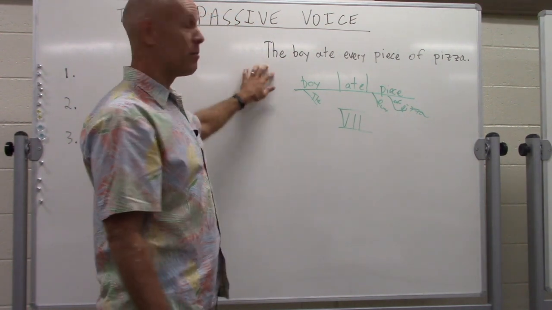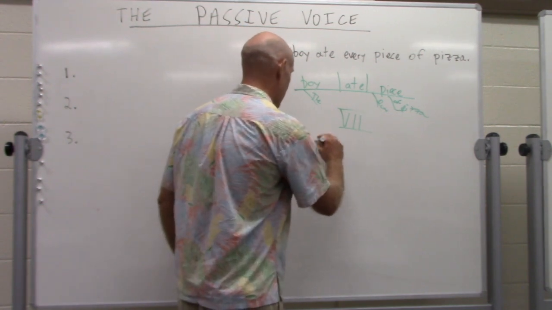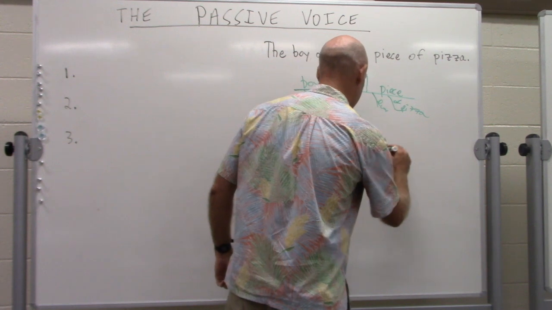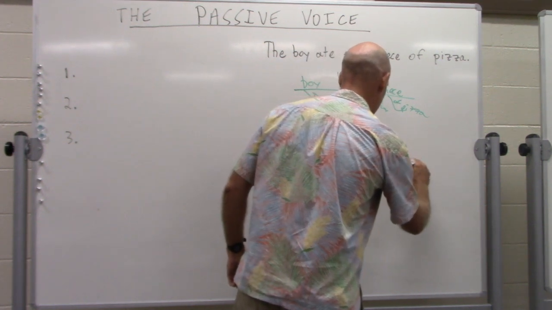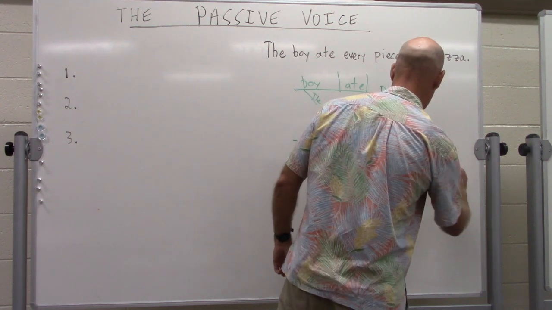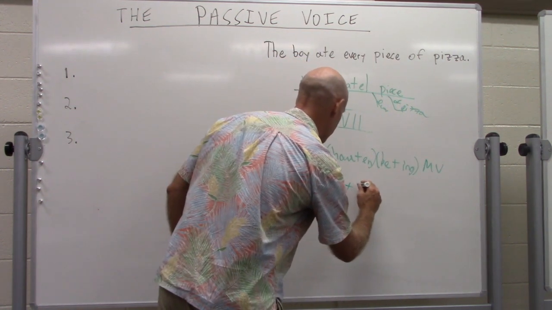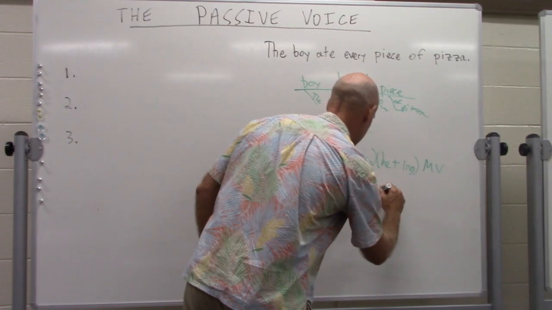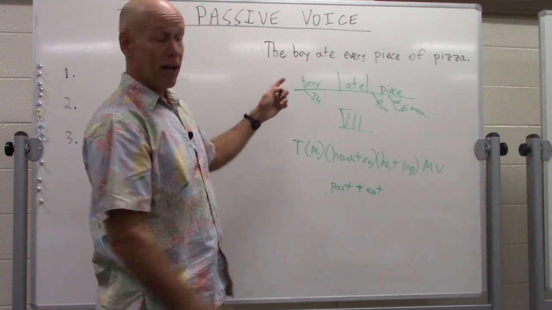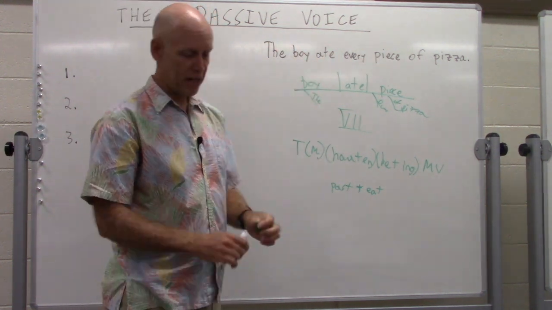Now, if we do the verb expansion formula for this one, do you remember what that was? Tense, optional auxiliary, have plus en, be plus ing, and then the main verb, right? And in this case, we would get past plus eat, right? Now, what did we do when we erased the boy from this little story to make it passive?